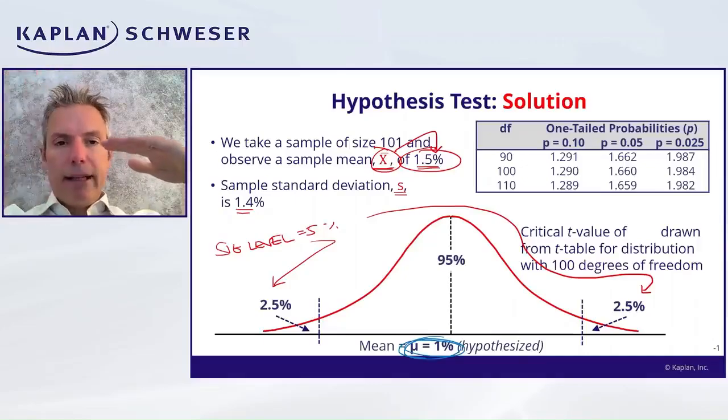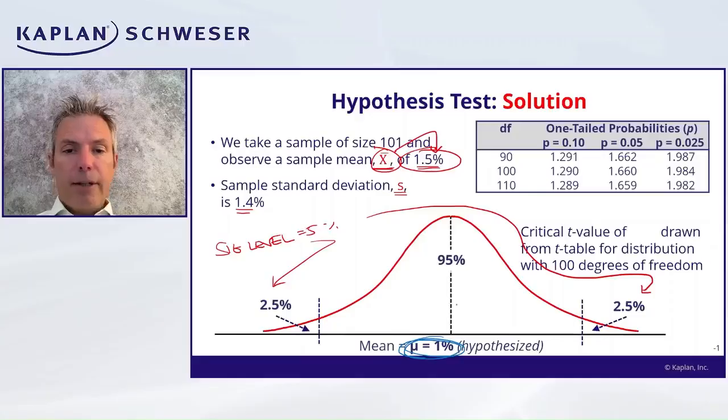If you see something less likely than 5%, then you will reject that hypothesized mean. So the areas that could lead us to reject, there's actually two of them here. We could see a sample mean that's way too low, or we could see a sample mean that's way too high. So this is what's referred to as a two-tailed test.